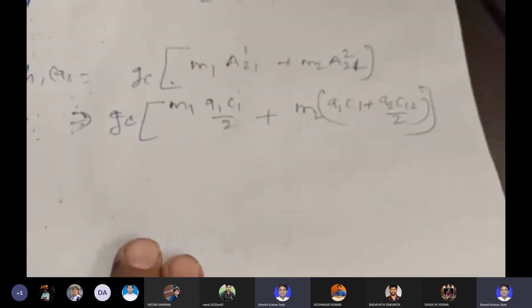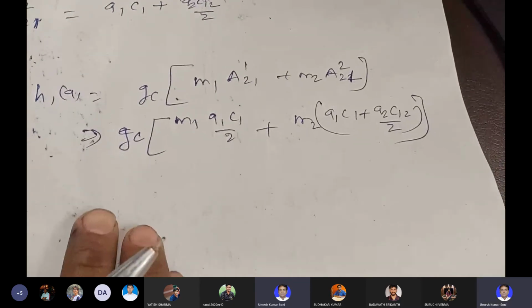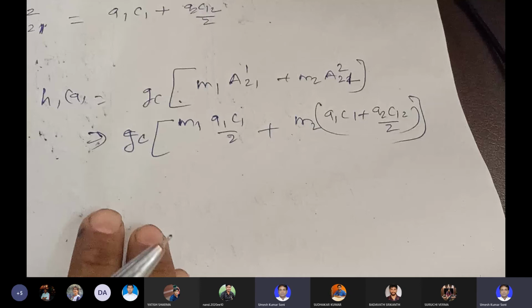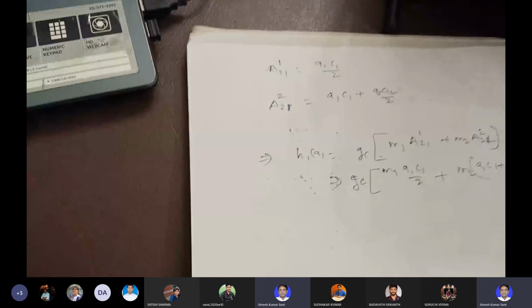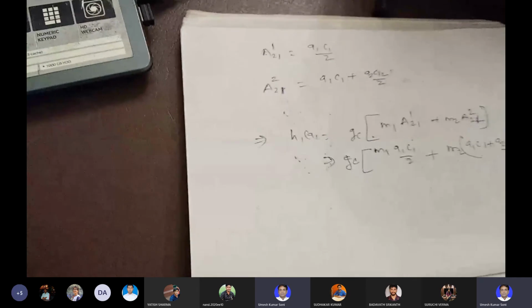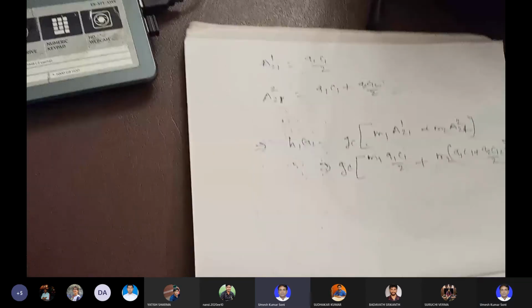So this is the process for calculating the H1. Okay. Similarly, you will calculate the value of C1, C2. How will you calculate C2? Now it's on you. At least you derive the simple generic equation for that. This is for today.